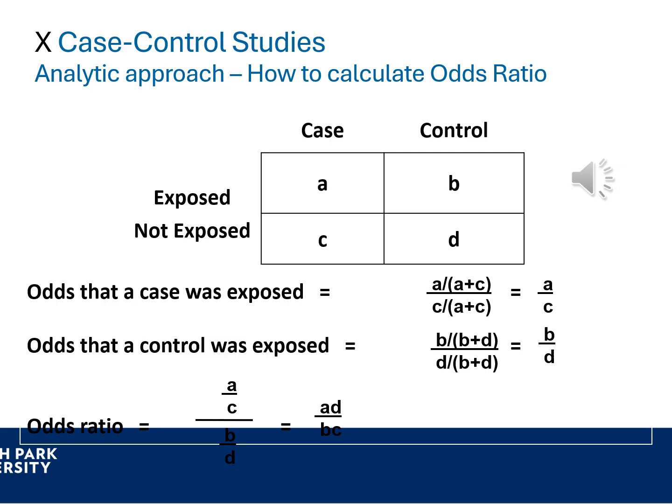But then we can go another step further, and we can take A divided by C, which again were the odds that the case was exposed, divided by the odds that a control was exposed, B divided by D. And when you divide by the lower one, you of course flip it so that the denominator becomes the numerator, if you remember your algebra. And at this point, we get our simplest form, which is AD divided by BC.